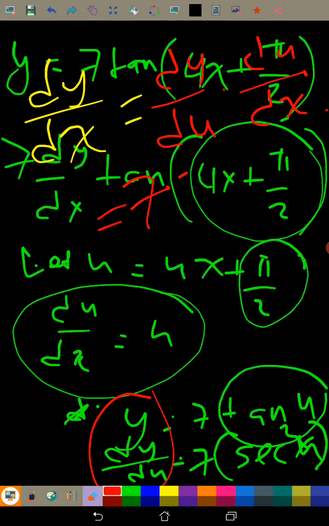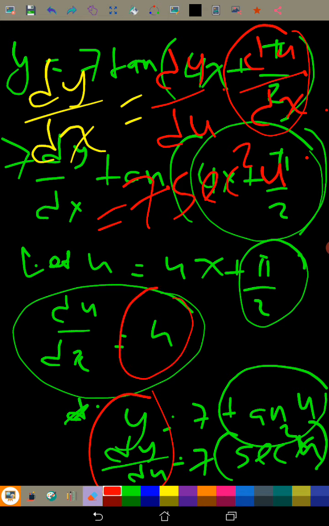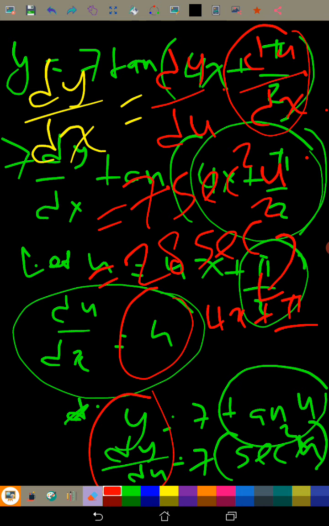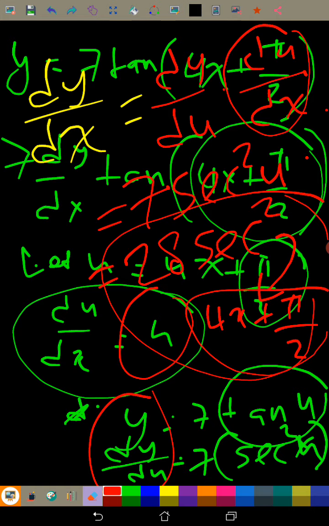It's 7 sec square u times du by dx. du by dx is only 4. So we have 4 times 7, which is 28 sec square, and u is replaced by 4x plus pi over 2. So this is the final answer. Let's see, yes, it's good.